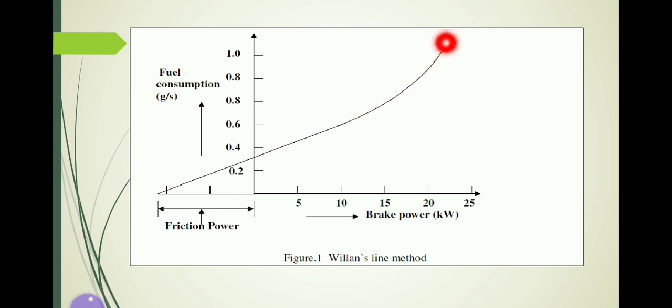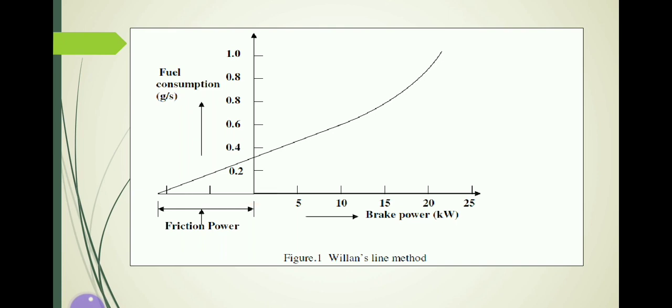And in this Williams line test, what we are doing is, whatever graph we get, we are going to extend it in the negative axis, so that whatever amount of power is shown here will be nothing but the friction power. Why? Because if this brake power is 0, can we say that the engine is not running?